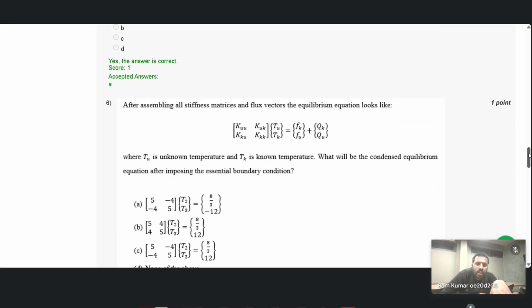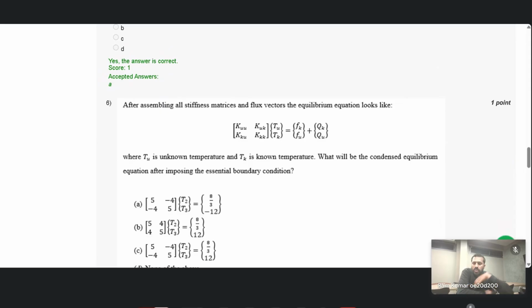So the only issue is that you are not understanding how to put in the boundary condition, right? Yes, sir. From the lectures I have learned, I tried to do this, but my answer is different from the options given in this question.